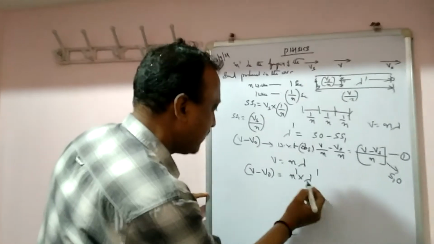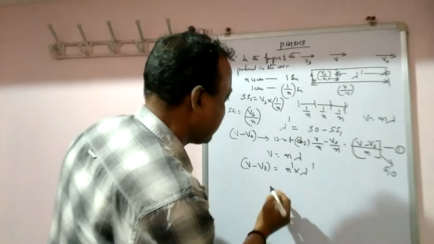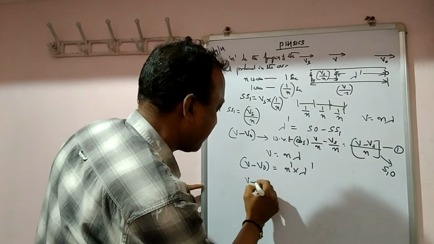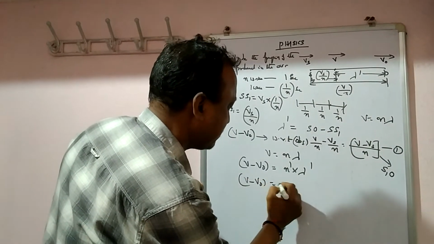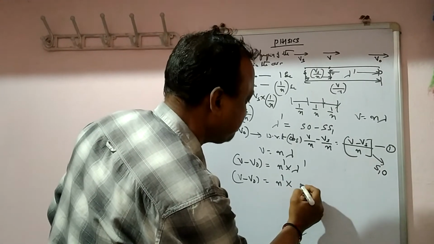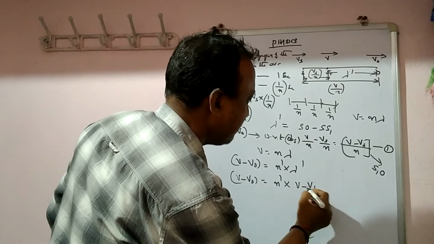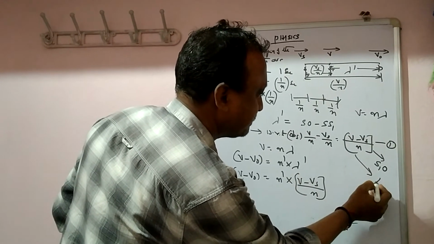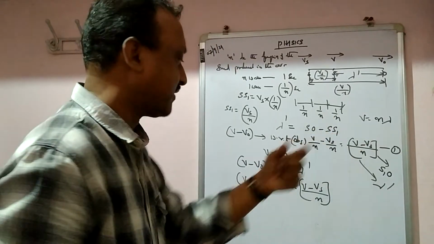We already got lambda dash, that is V minus Vs by n. Therefore we substitute: V minus V0 is equal to n dash into V minus Vs by n, which is the apparent wavelength for the observer.